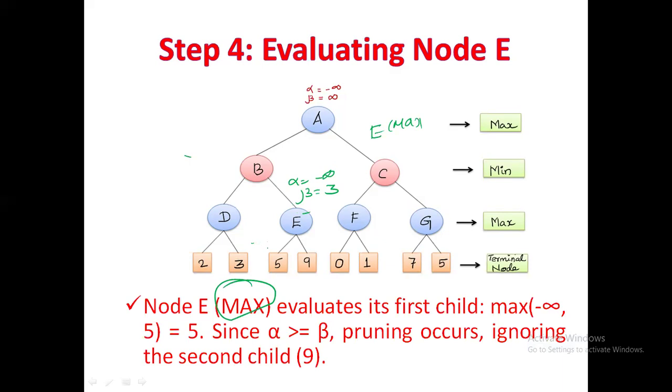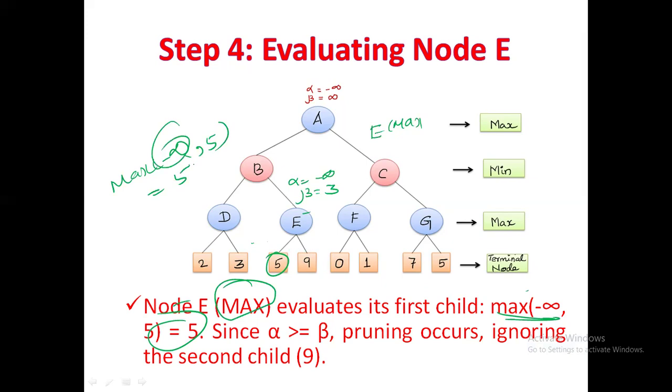The first child has a value of 5, and alpha is updated to the maximum of alpha comma 5, that is, maximum of minus infinity comma 5. Which one will be selected? The maximum of minus infinity comma 5 is equal to 5, because minus infinity is less than 5.